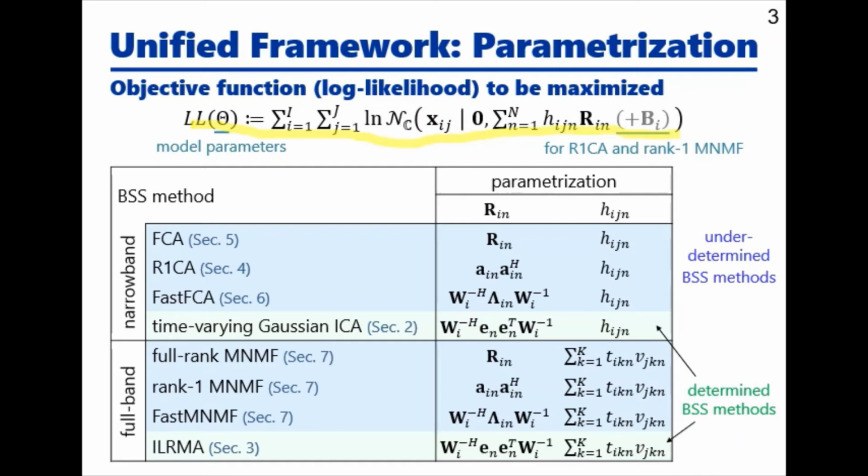Here, let me remind you that R denotes the spatial covariance matrix, H, the source power spectrum, B, the noise covariance matrix used in R1CA and rank 1 MNMF, and theta, the set of model parameters.